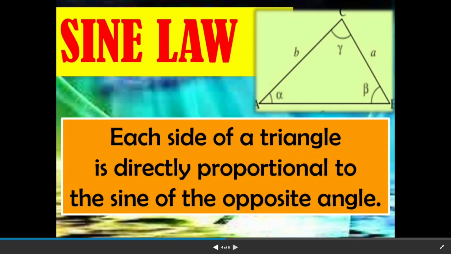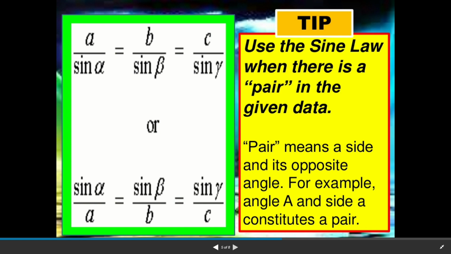Now let's try to discuss sine law. When we say sine law, each side of a triangle is directly proportional to the sine of the opposite angle. Meaning, we have side A over sine alpha is equal to side B over sine beta is equal to side C over sine gamma.